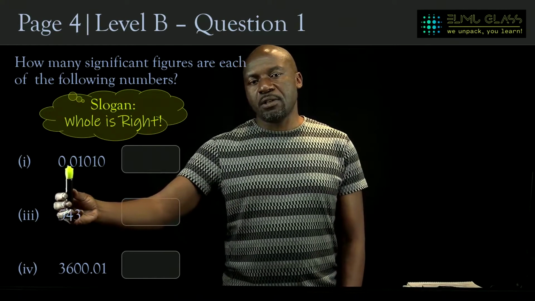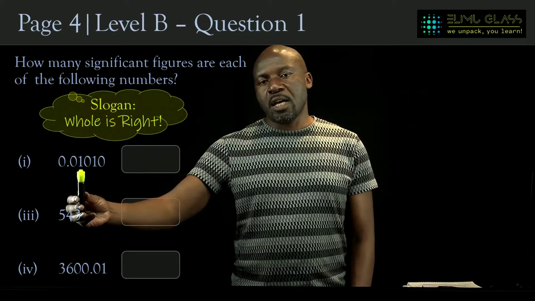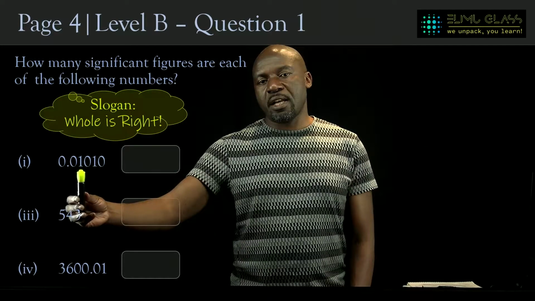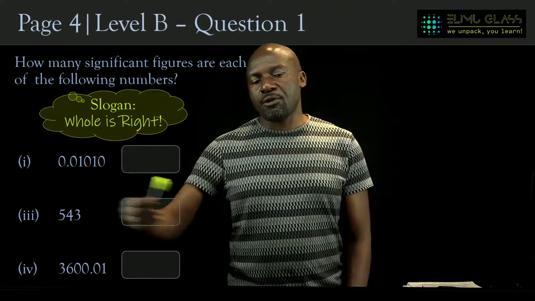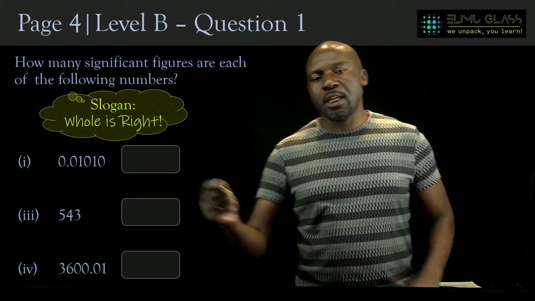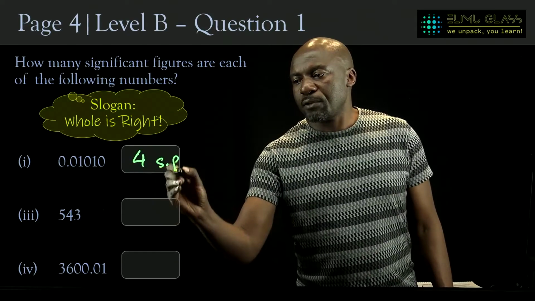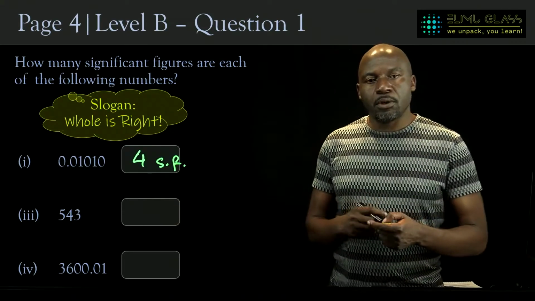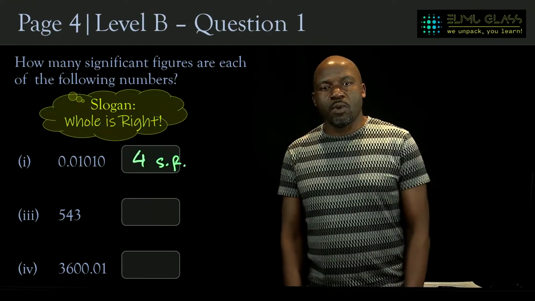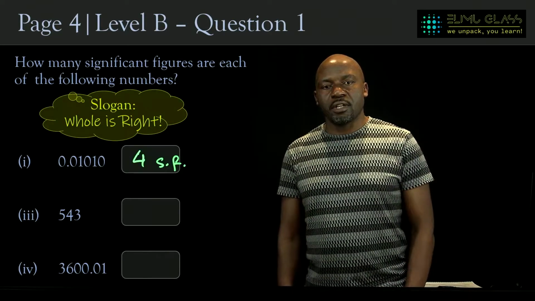The first non-zero digit there is 1, so after 1 we count 1 and everything else that comes after. If you check that, you should see that 0.01011 is to 4 significant figures.